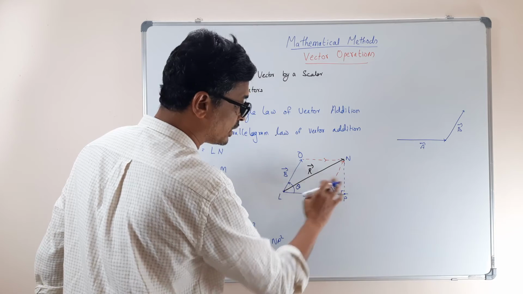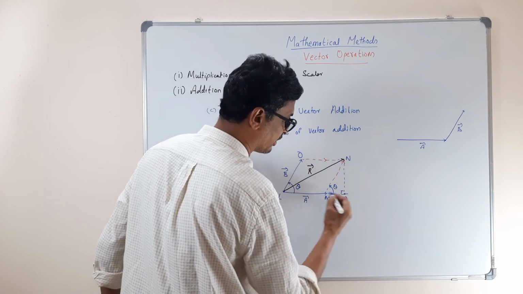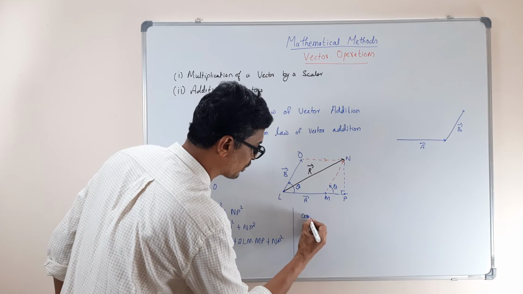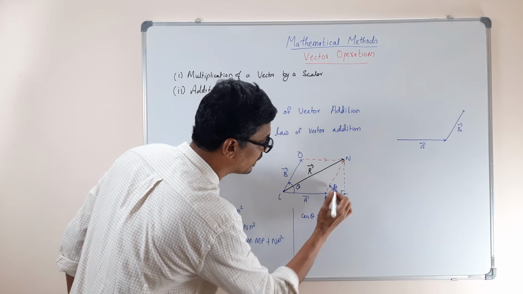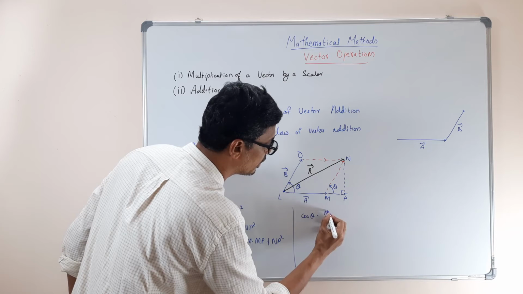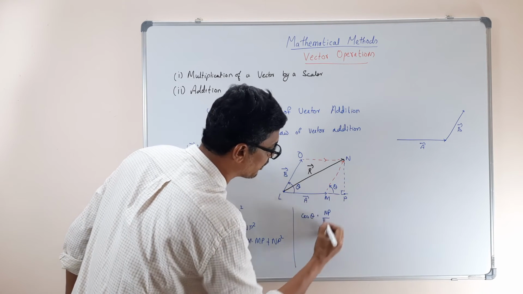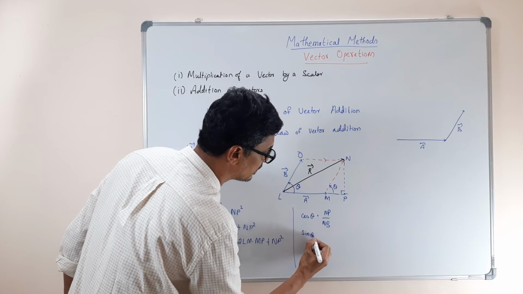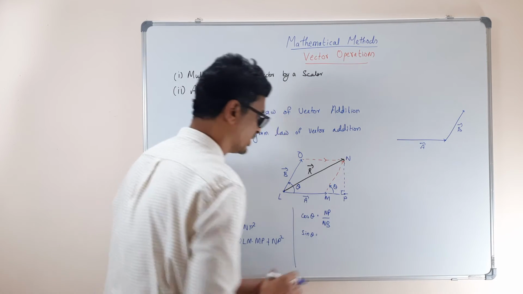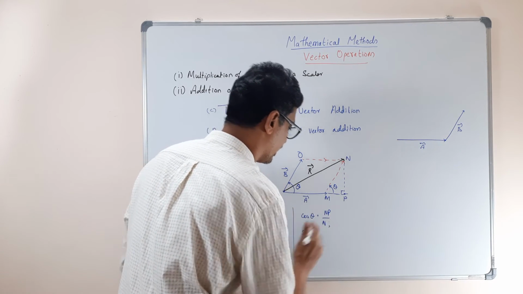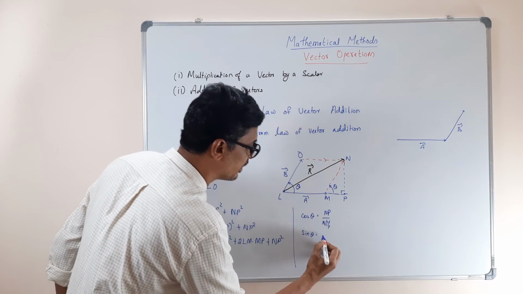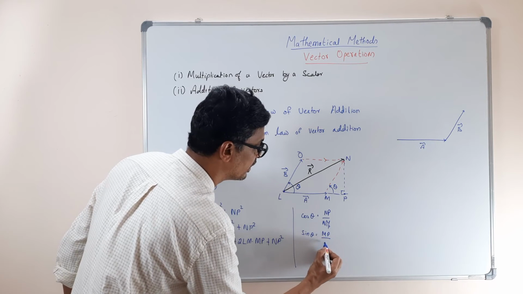What will be the cos theta in this triangle? Cos theta will be equal to MP by NM. And what will be sin theta? Tell me. NP by NM.